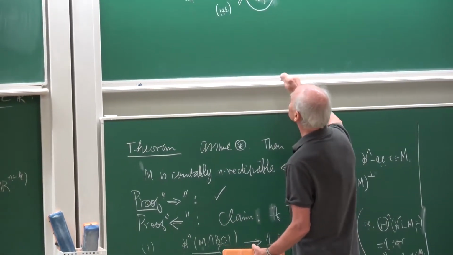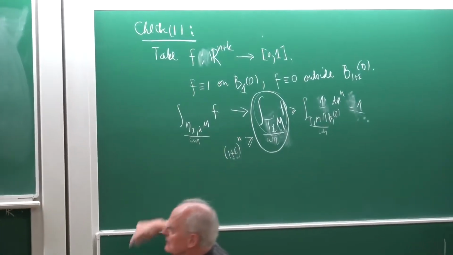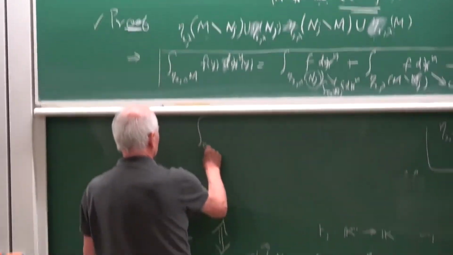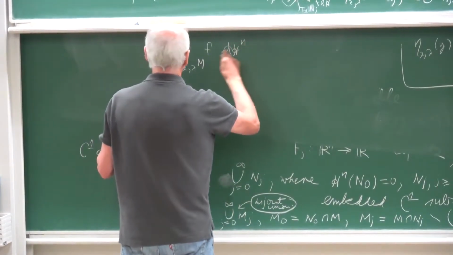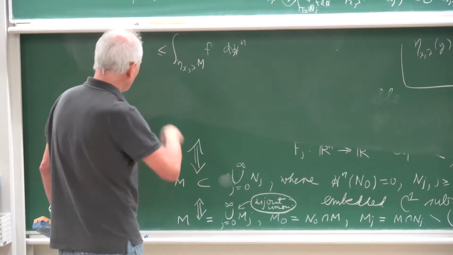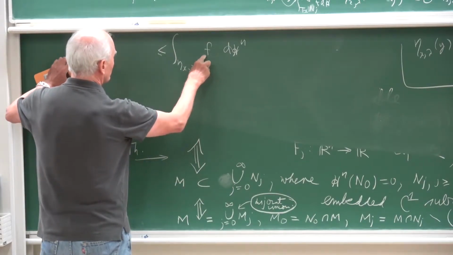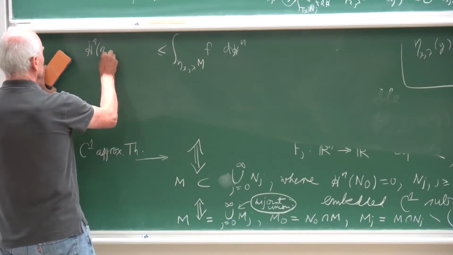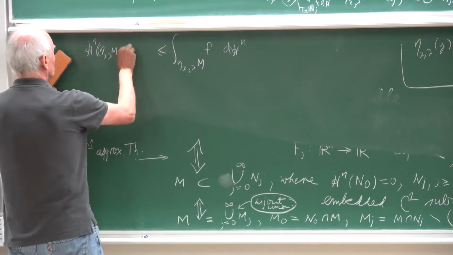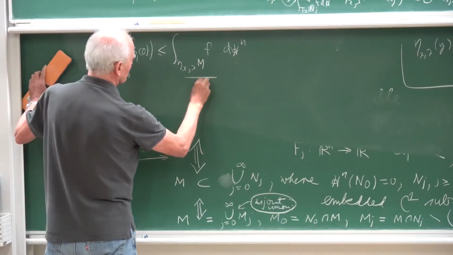So let's see. Yeah, so this side's between these two numbers. Now this side similarly. Let's check that. The integral of H^n restricted to M, times f, is bigger than or equal to, since f is bigger than or equal to 1 on the unit ball, the H^n of M intersect B1 over omega n.